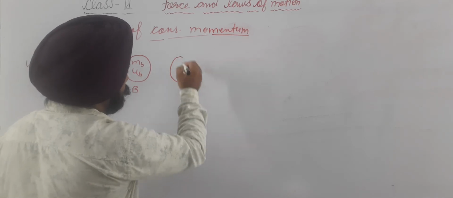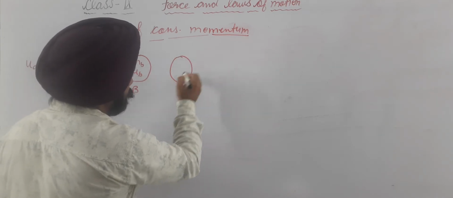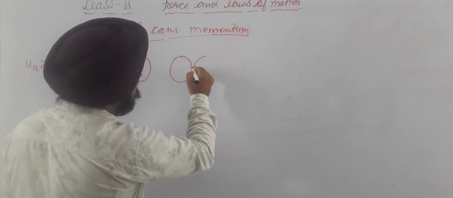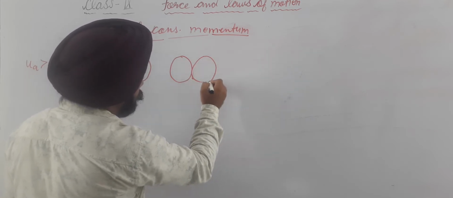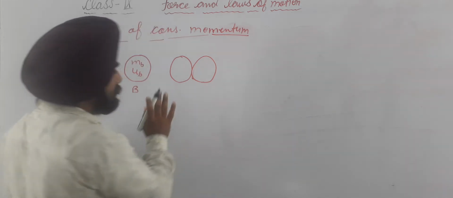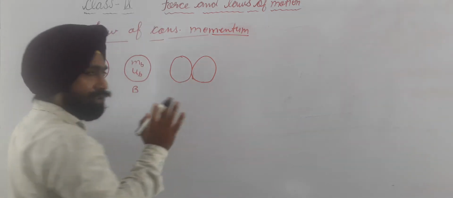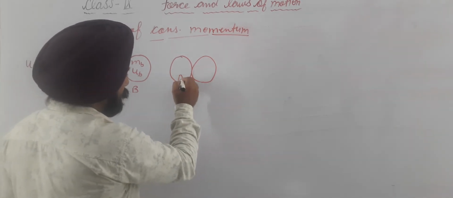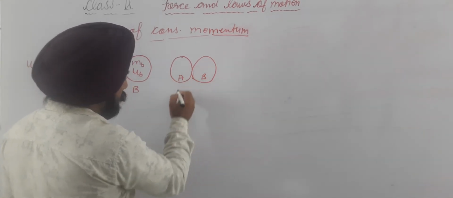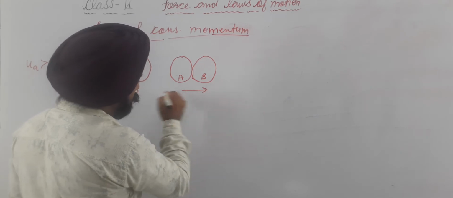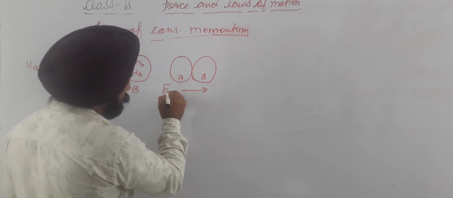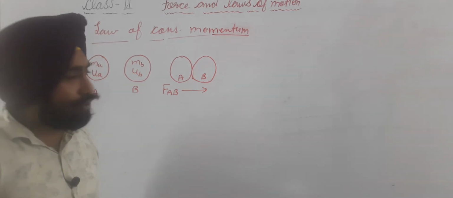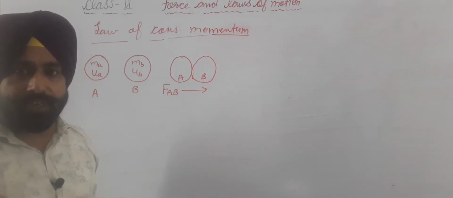So when they strike, due to this collision they will apply a force. Like this is object A and this is B. A applies a force on B, that is FAB. But we had studied in Newton's third law of motion, every action has an equal and opposite reaction.